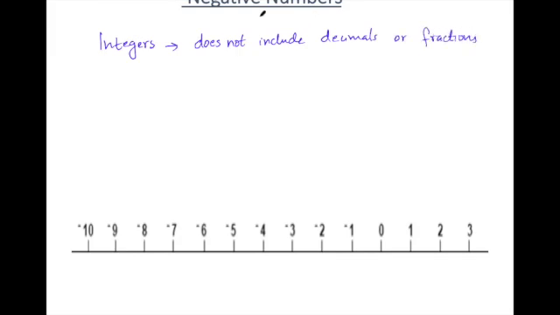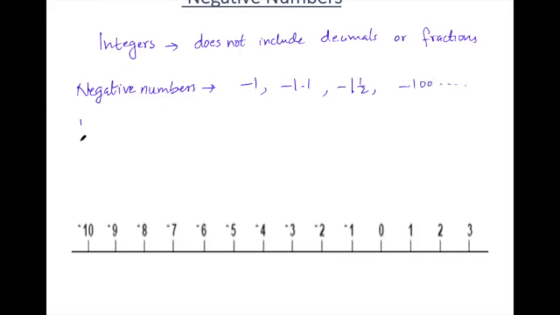But if we just say negative numbers, it includes all types of negative numbers. So that's the difference between a negative number and integers. Negative numbers means all numbers that have a negative sign with it. It can be -1, it can be -1.1, it can be -1.5, it can be -100, and so on.